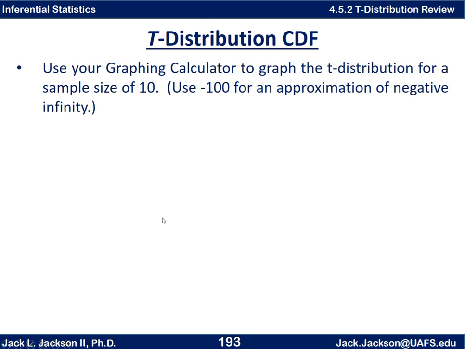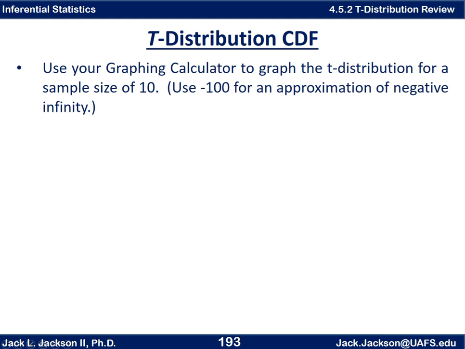Use your graphing calculator to graph the t-distribution CDF for a sample size of 10, and this time we're going to use -100 as an approximation for negative infinity. Technically, you should be putting in negative infinity, but there's not enough past -100 to the left to be showing up in the digits on the calculator, so let's use -100 in its place.